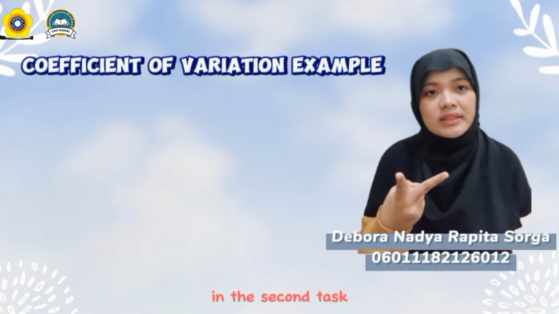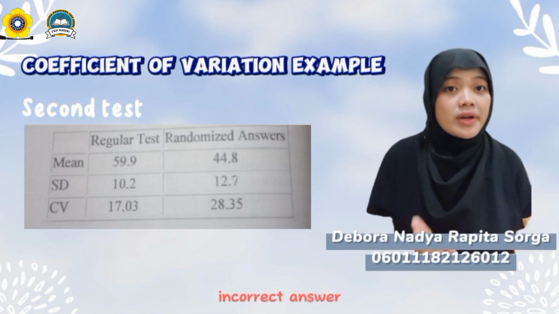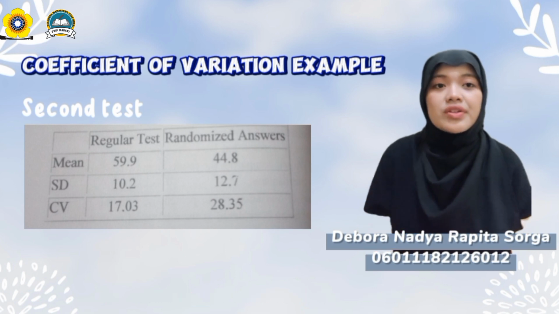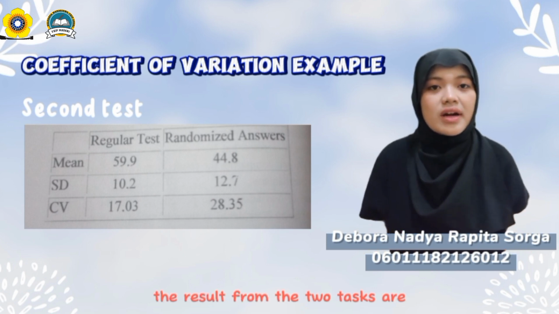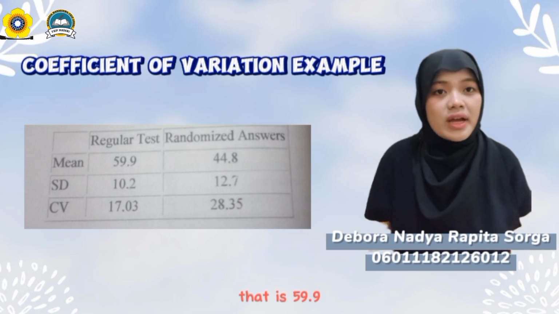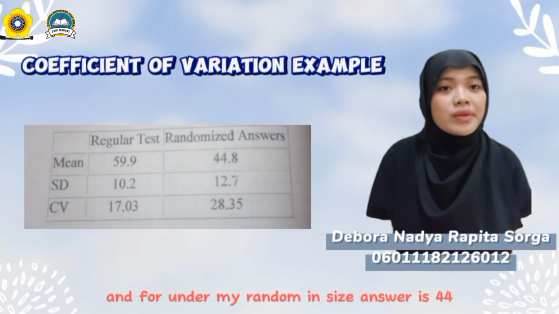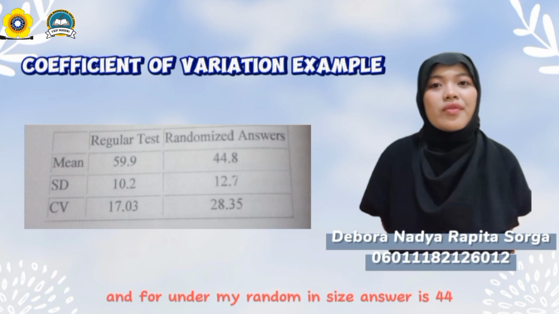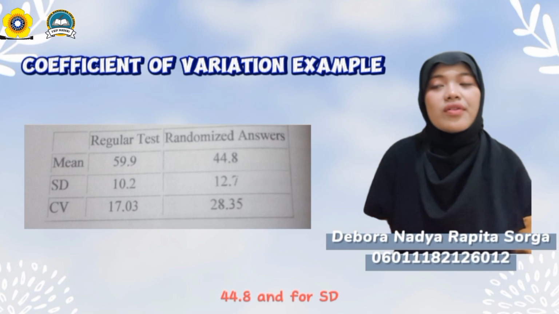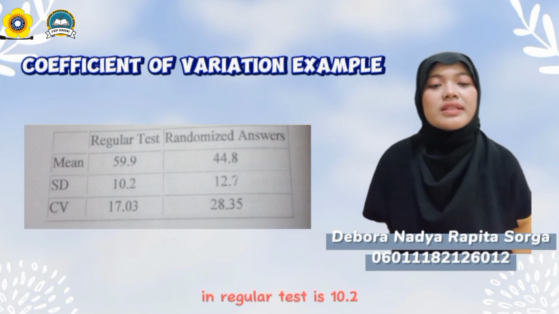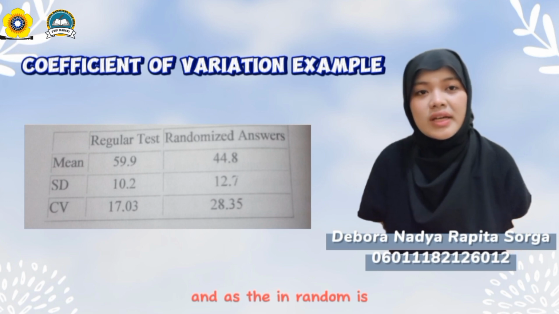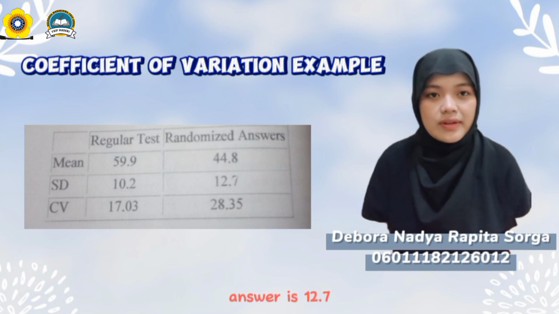In the second test, alternative choices, for example incorrect answers, are randomly assigned to test takers. The results from the two tests are: the mean for the regular test is 59.9 and for the randomized answer test is 44.8, and the SD in the regular test is 10.2 and the SD in the randomized answer test is 12.7.